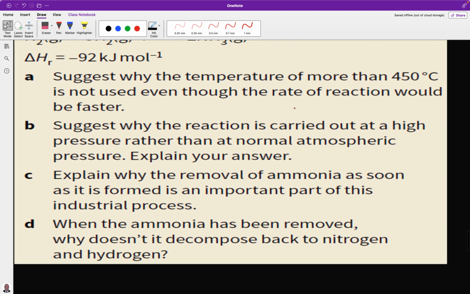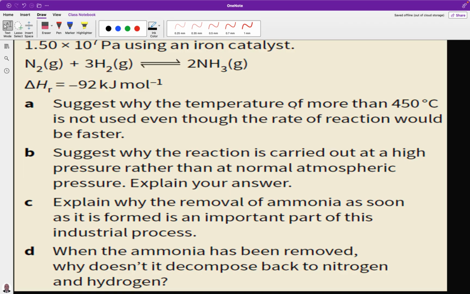Explain why the removal of ammonia as soon as it is formed is an important part of this industrial process. You should remember that ammonia has a higher boiling point than nitrogen and hydrogen. Ammonia is condensed to liquid when it is formed.